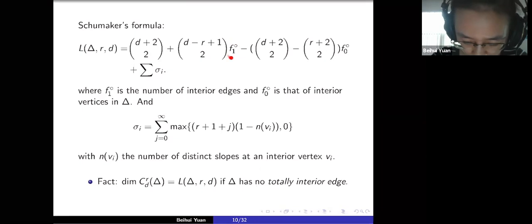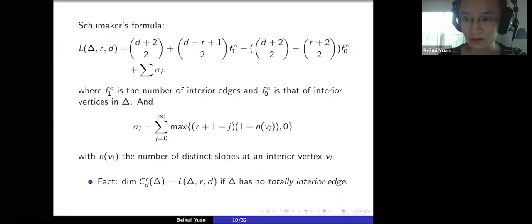This one is the number of interior edges, and this one is the number of interior vertices. And for this little sigma, it again only uses the number of slopes around each vertex. So in most cases, it just uses some combinatorial data of this delta. Then if you have your delta, R and D, you will know how to compute this.